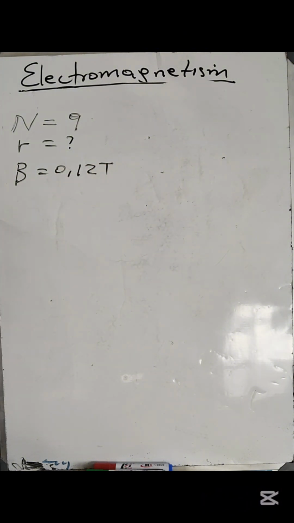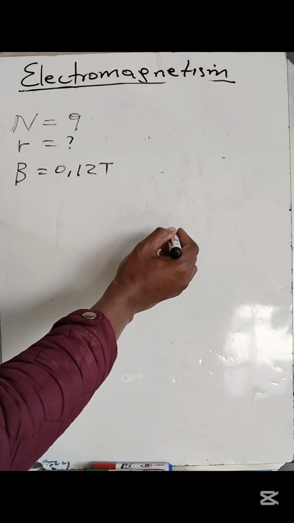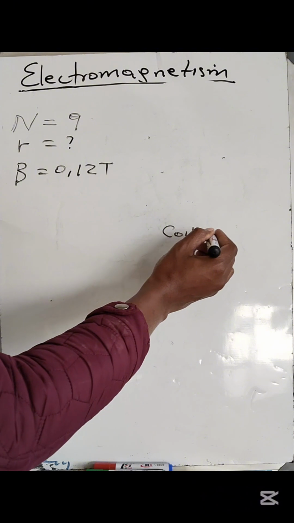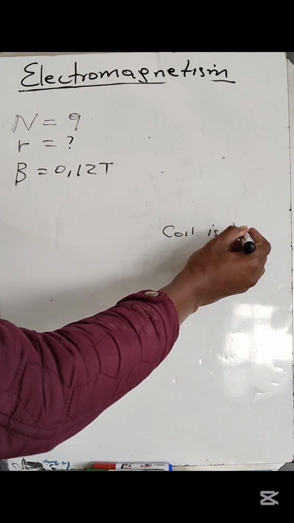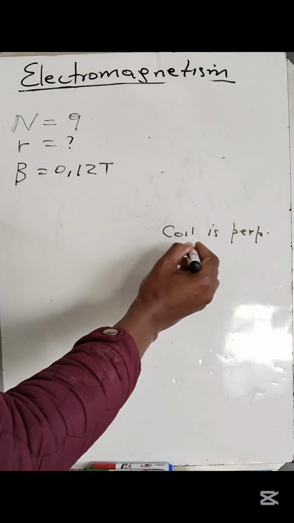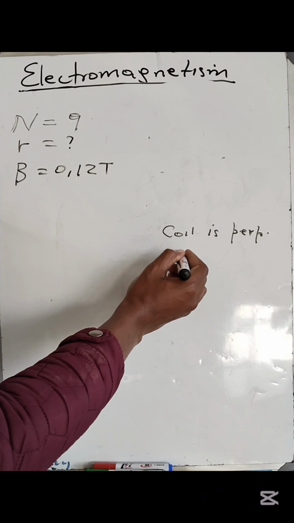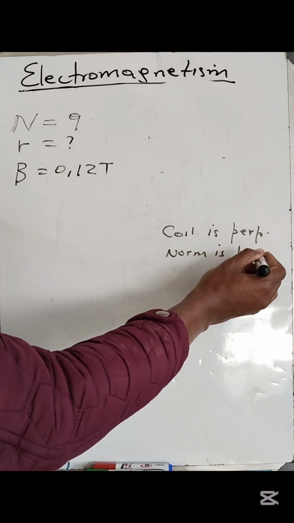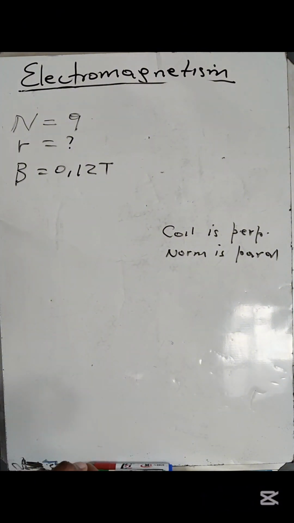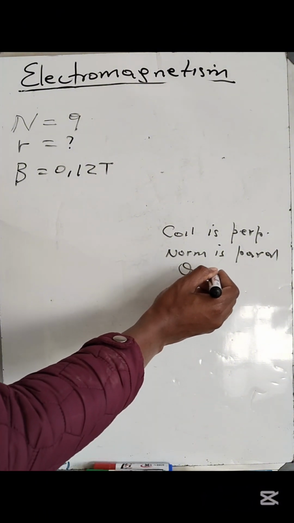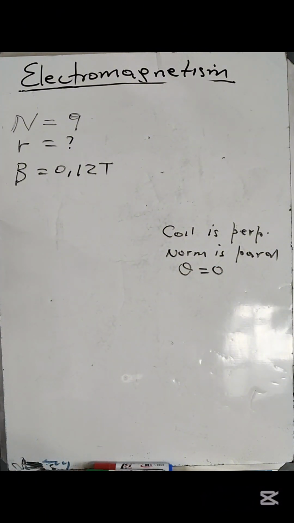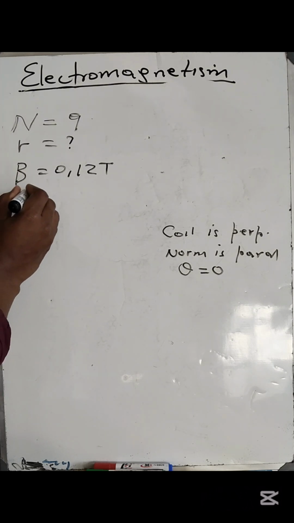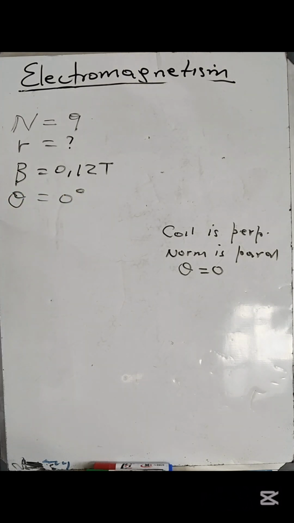The face of the solenoid, I can say coil, is perpendicular to the magnetic field, which means the normal is parallel to the magnetic field. Therefore, theta is equal to 0 degrees.